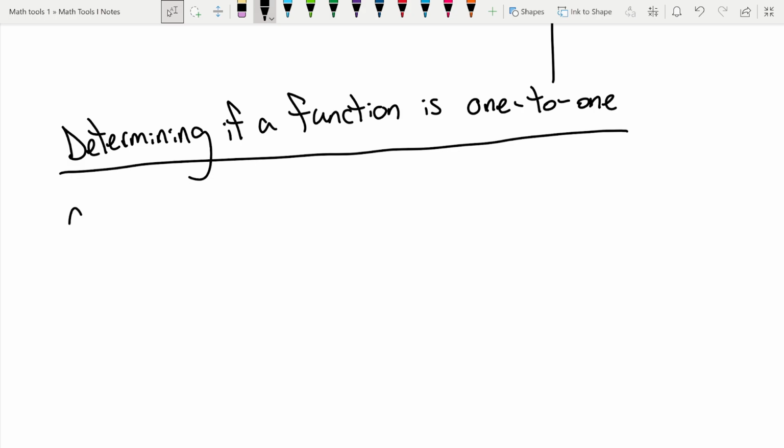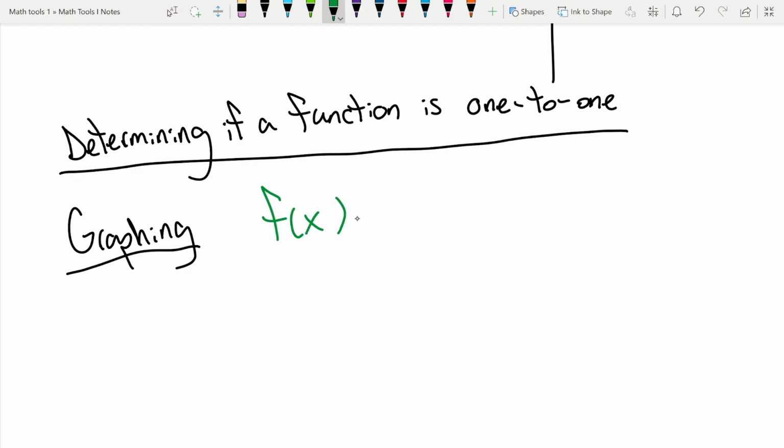So the graphing method will, of course, be more helpful if you're familiar with the graph of the function, or with the general properties associated with that kind of graph, like if it's a common type of graph. Like our trusty f of x equals x squared, which we should be very familiar with at this point.